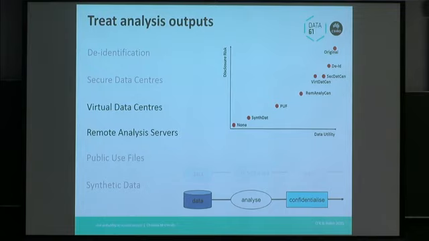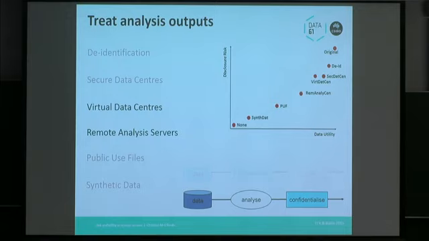One of the things I believe is that it's really important to have a lot of different approaches to making data available for research, because there are a lot of different scenarios, types of data, types of users, and types of purposes. So we need a range to choose from. We're not going to find one approach that does everything for us.